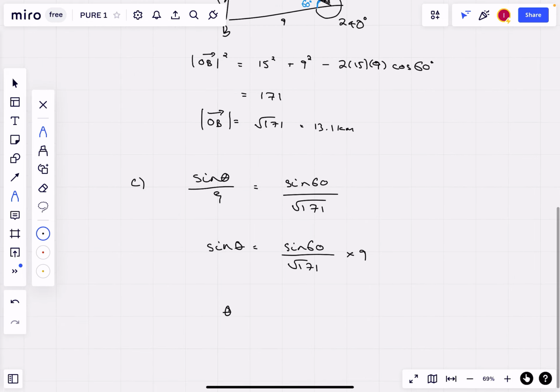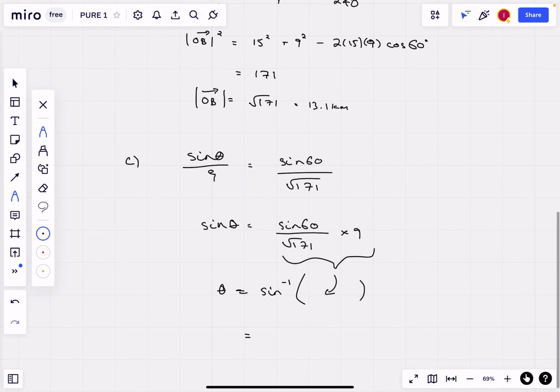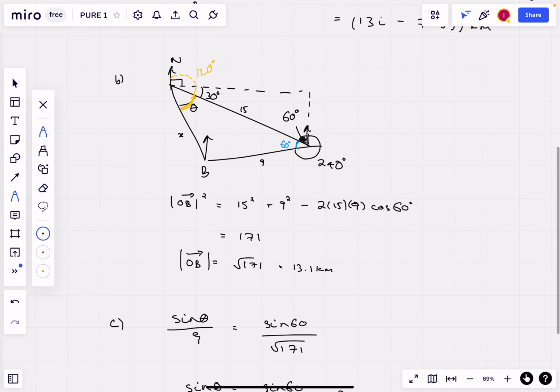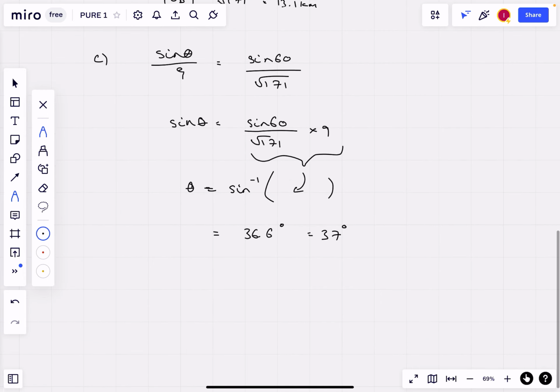Then to work out theta, we do sine minus 1 of all this, which gives us 36.6 degrees, so 37. That's this yellow bit here. To get the bearing, we have to add 120. So 157 degrees.